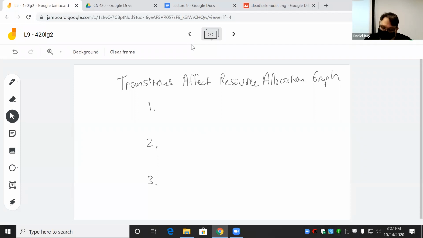Okay, so what you are saying is what I would call resource allocation. I can be given a resource, and when I'm given a resource, then the arrow changes from the resource to the process.